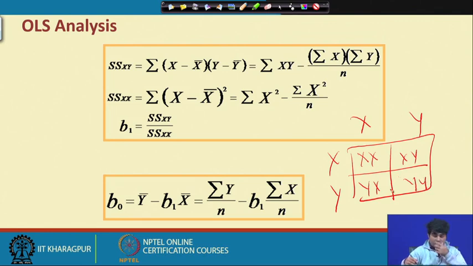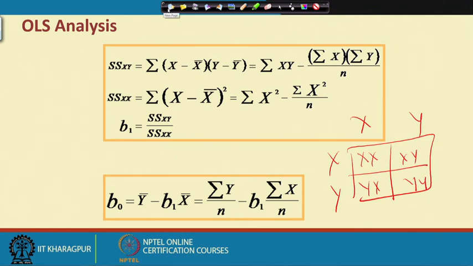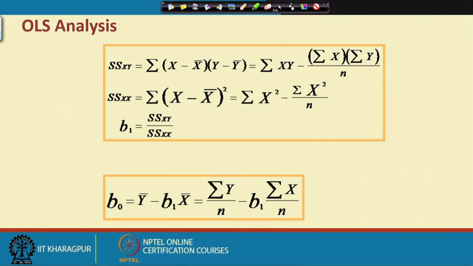With the help of this covariance matrix we are in a position to calculate these values, and accordingly you can also get the value of the b0 coefficient. In the next slides I will let you know how these come about in a systematic process. Let us see the structure.